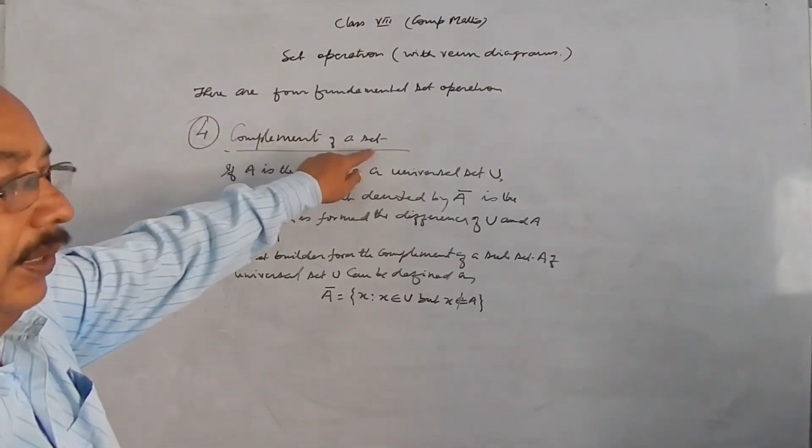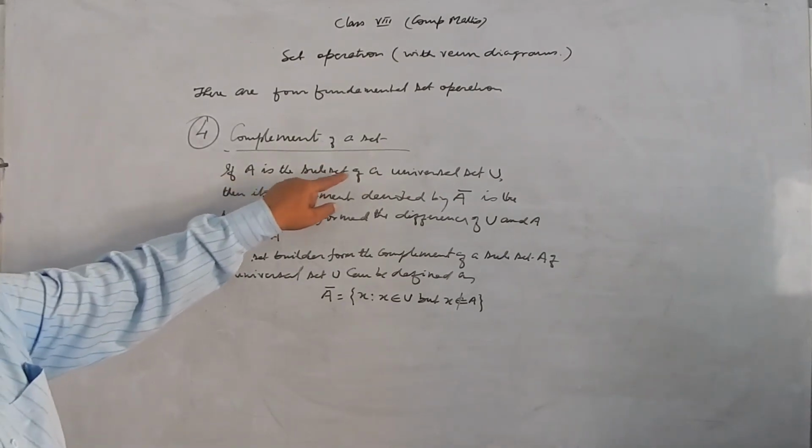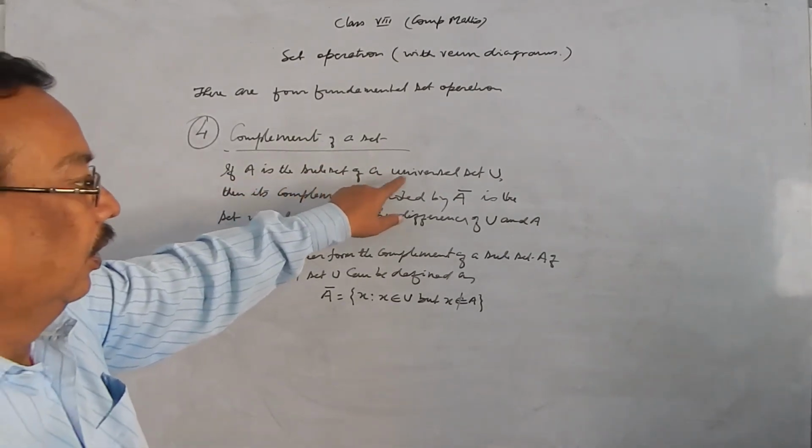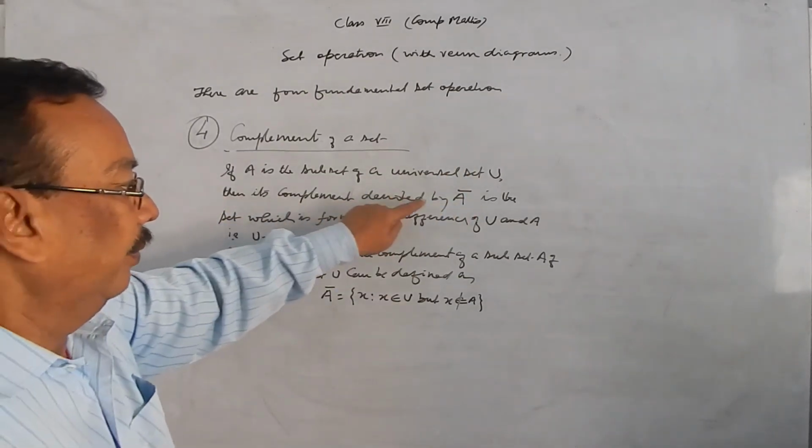Complement of a set. If A is a subset of universal set U, then its complement is denoted by A bar.